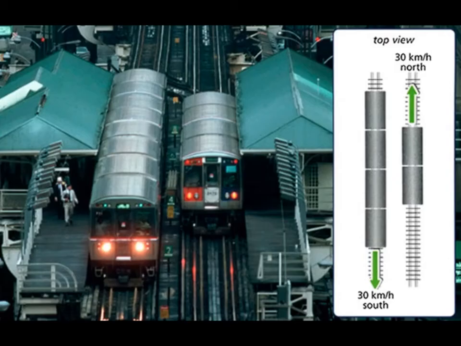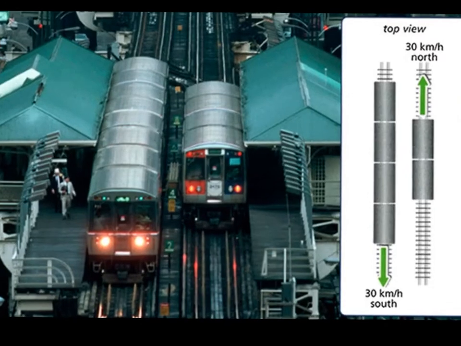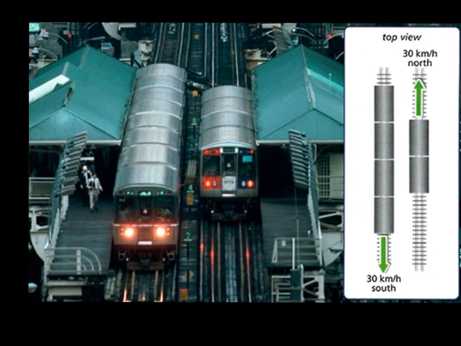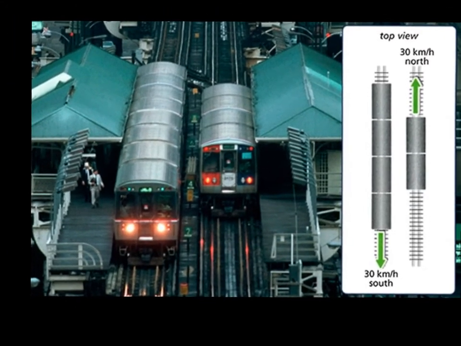Let's take a look at this picture of a couple of trains traveling at a specific speed. If each train were to go north and then come back south, each train is traveling at a specific speed. However, the velocity would be different because the direction has changed.